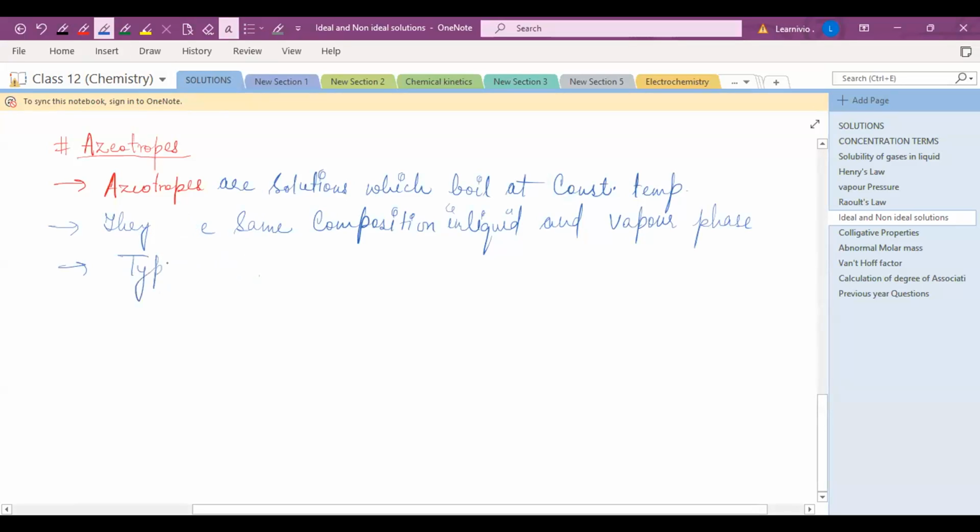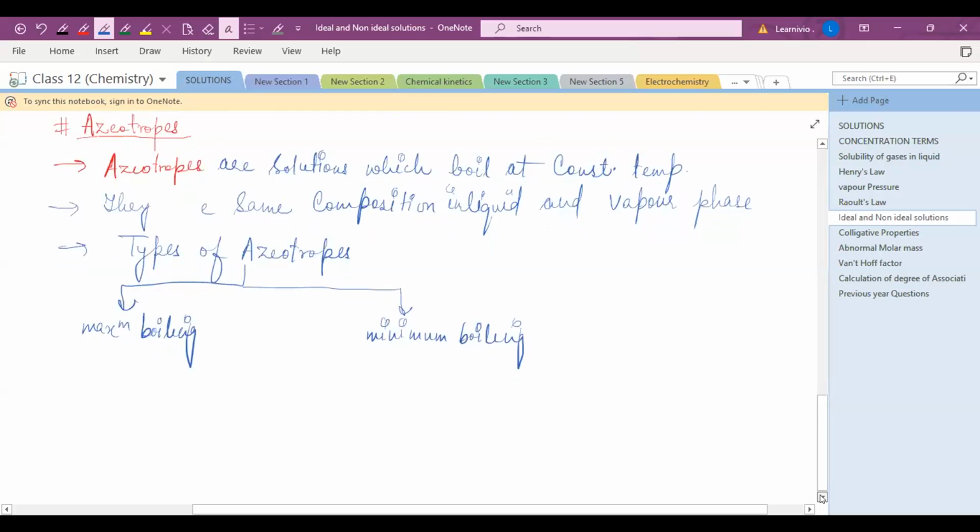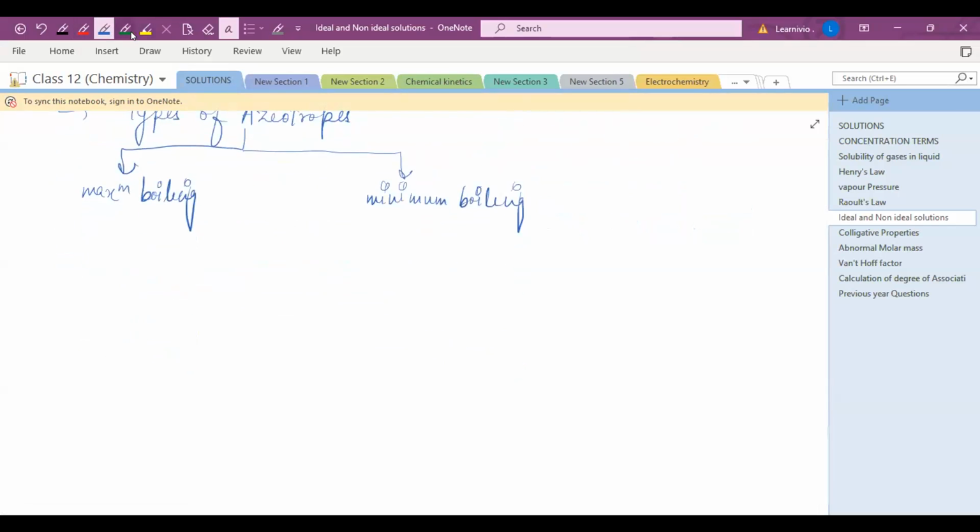Types of azeotropes, right? Two types. दो types के होते हैं azeotropes. First one is maximum boiling azeotropes, and the second one is minimum boiling azeotropes, maximum and minimum boiling. Now let's see what are maximum boiling azeotropes and minimum boiling azeotropes.